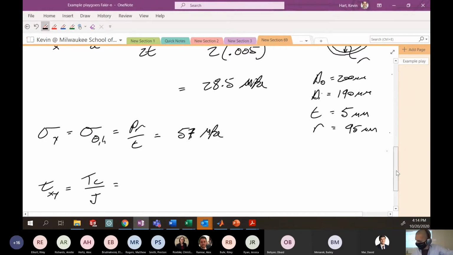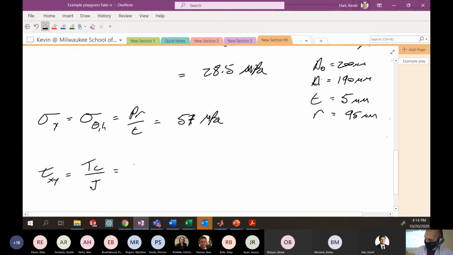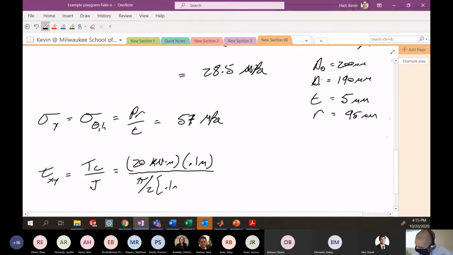I made a mistake in the calculations here, but maybe someone can help me out. The torque applied is 20 kilonewton meters. The value of C is to the outside of the piece, so this is 0.1 meters. And J is pi on 2 times the outer radius, 0.1 meters, to the fourth, minus the inner radius to the fourth.